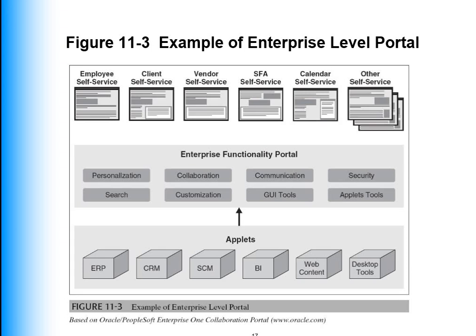CRM is customer relationship management, and BI is business intelligence. This is analytical. They can determine what needs to be stocked or when it needs to be stocked. So it's not just based on the database, but it's actually an analytical system.